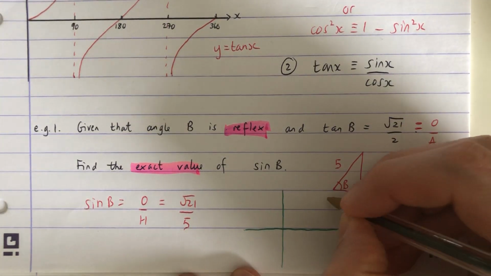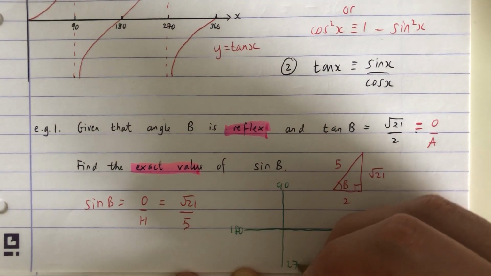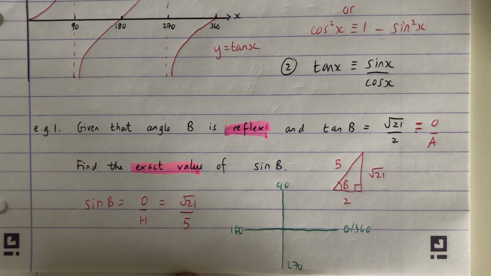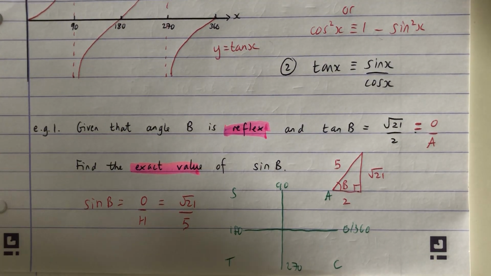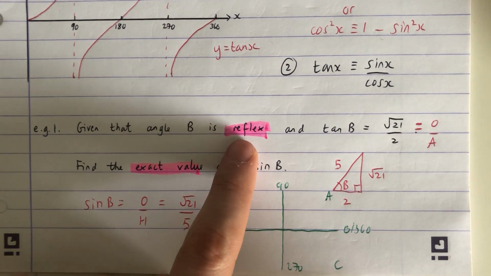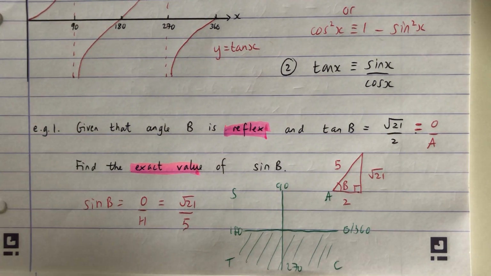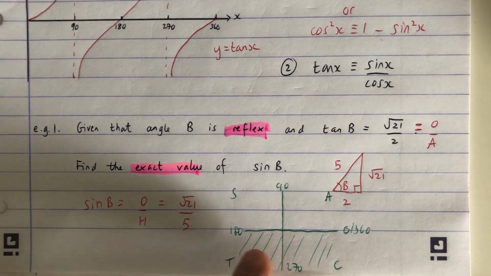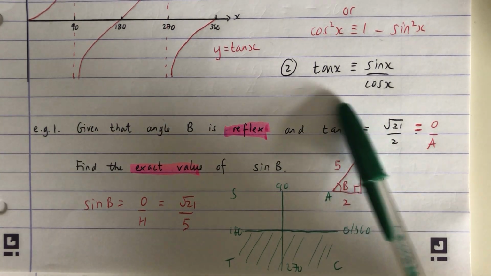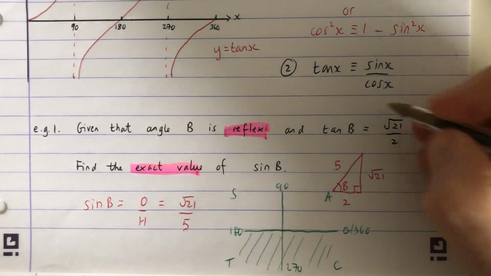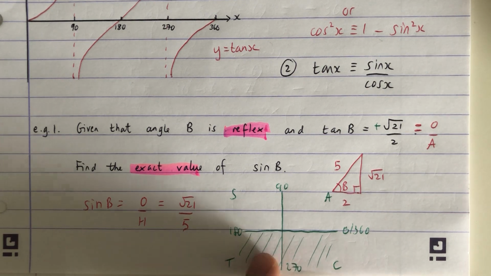So if I very quickly draw 0, 90, 180, 270, 360, all stations to Cardiff. A reflex angle is between 180 and 360, so it's one of these two quadrants. But also, because they said tan, the original ratio is a positive number, tan is only positive in one of these quadrants.